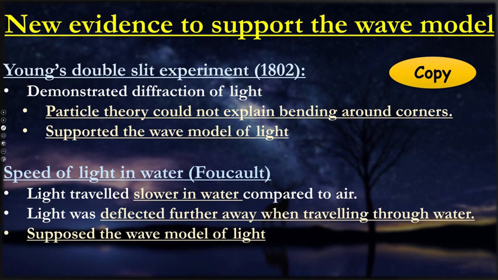So that's kind of the explanation of it. Young basically showed the particle theory could not explain how light bends around corners. It supported our wave model of light. The speed of light experiment showed that light traveled slower in water than air. So it showed that light was deflected when traveling through water, and it also supported the wave model. Shouldn't be supposed, should be supported.